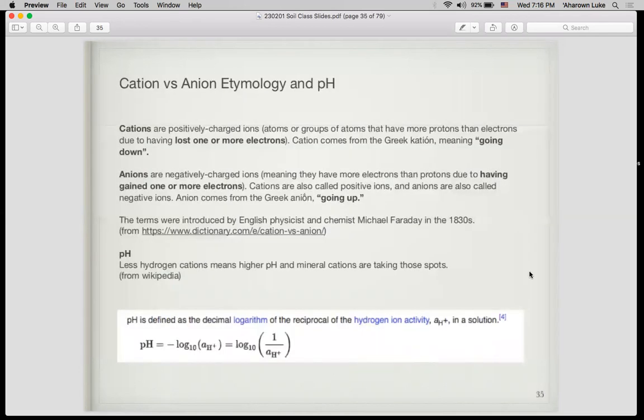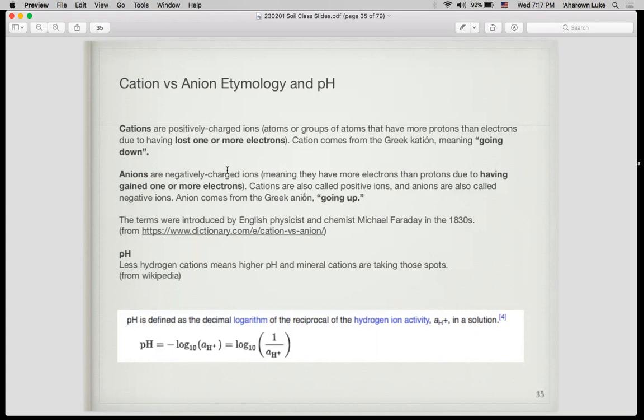So cation comes from Greek meaning going down. If you lose one electron, then you're going to have a positively charged atom or group of atoms. So that's a cation. If you have an anion, that means going up.